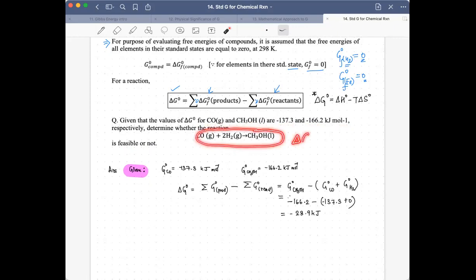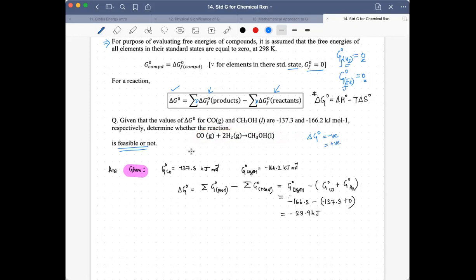If we are able to calculate delta G naught for this reaction, we can find whether it is feasible or not. If delta G naught for this reaction is negative, then we know that it is feasible. Feasible is another term used for spontaneity. And if delta G comes out to be a positive value, we know that it is a non-spontaneous process.